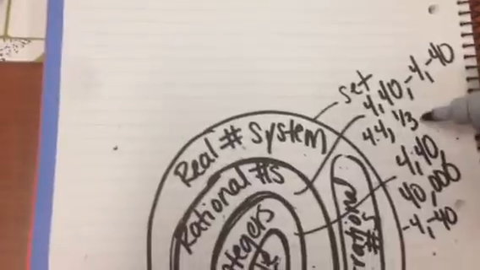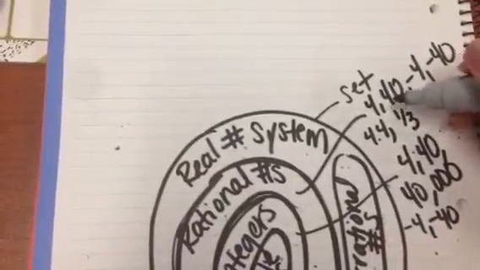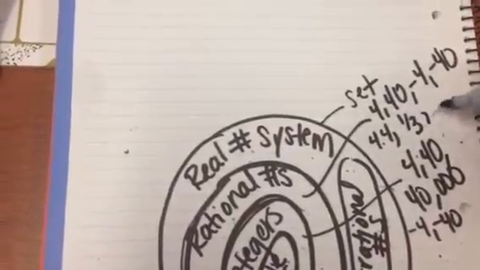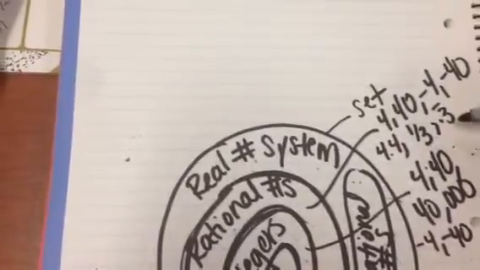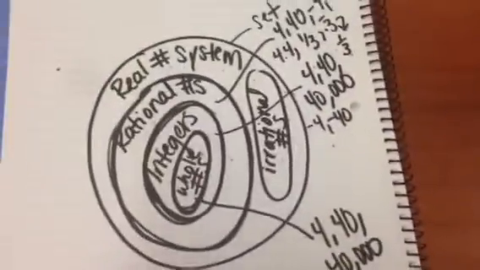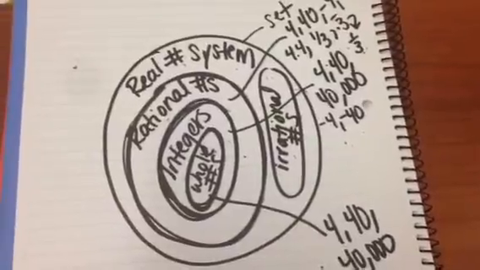You have a pie, you cut it into 3 pieces, you want to eat 1 piece, that's 1/3. We also have repeating decimals, 0.3 repeating. The reason why that's considered a rational number is because that can be converted into 1/3. It's also a fraction.